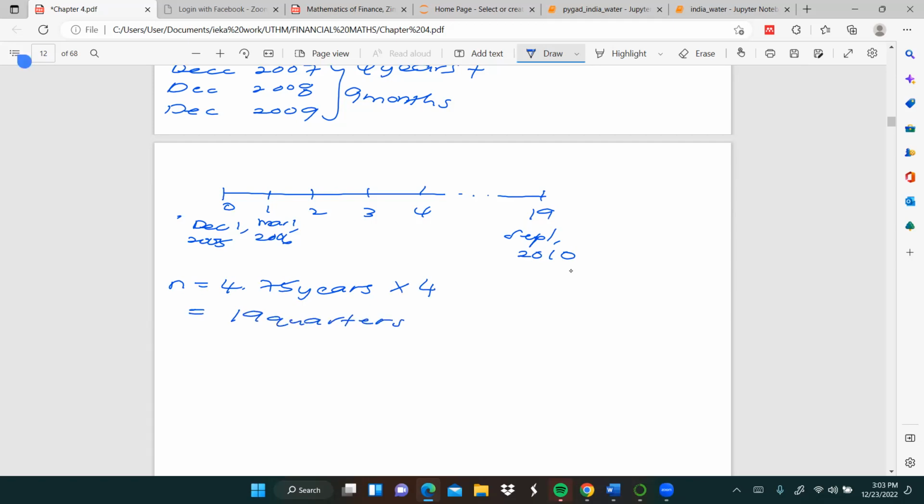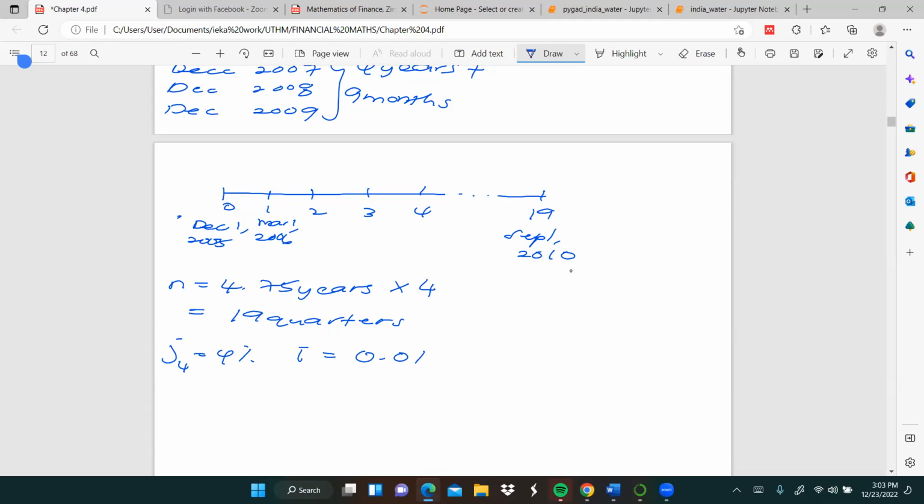Okay, 19 quarters. Sebab tu dalam time diagram tu kita punya T sampai 19. Okay, so we have tadi J4 4%, so our I is 0.01.